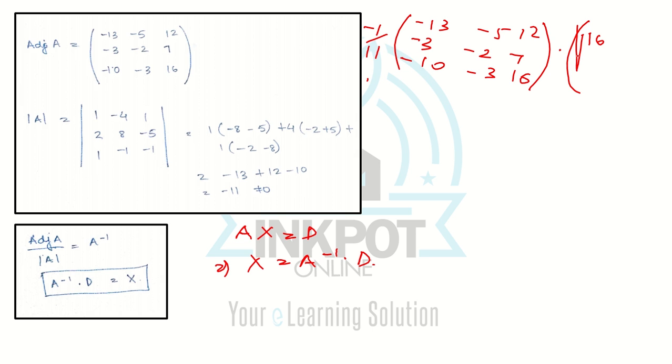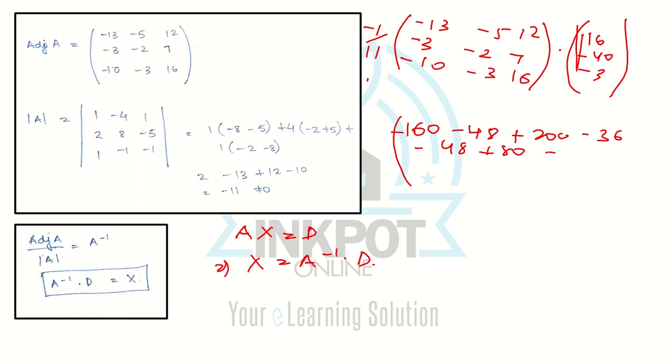Now this is just plain matrix multiplication, so you would have something like 16 into minus 13 would be minus 160, minus 48 plus 200, which is 40, minus 40 into minus 5, and minus 36. Then you would have minus 48 plus 80 minus 21. And you would have minus 160 plus 120 minus 48.